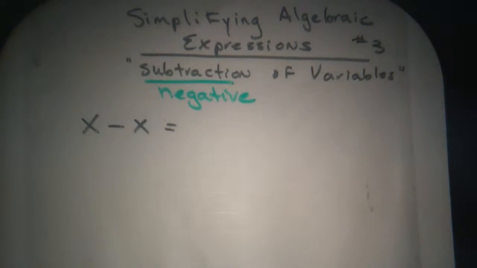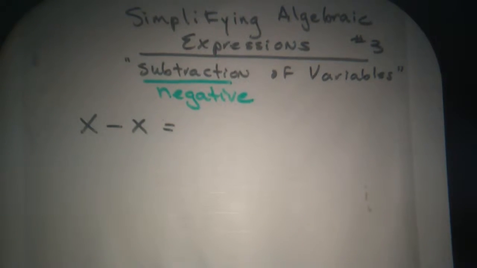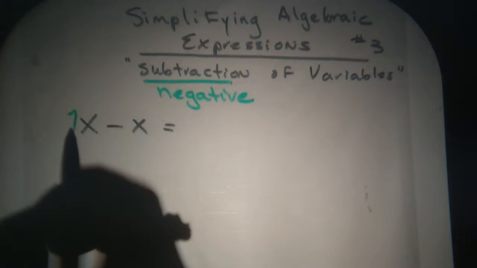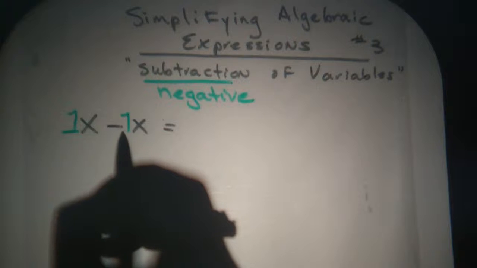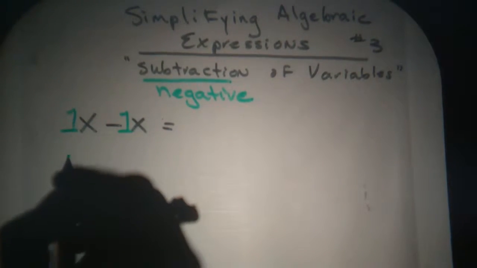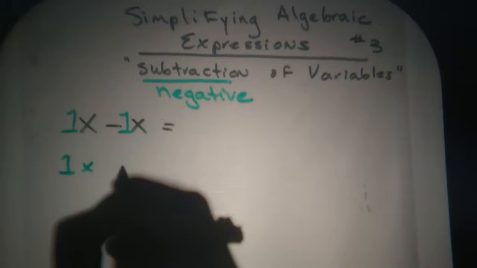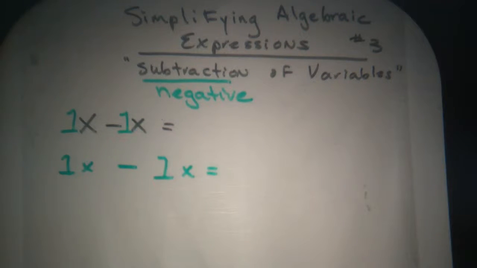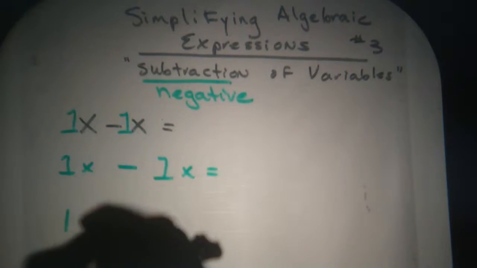X minus x. Well, what does that mean? Don't forget, first off, is x or the variable ever alone? No, he's always got his buddy number 1. So there's number 1. Does that make more sense? 1x minus 1x? Well, let's see. That could be thought of as 1 minus 1.